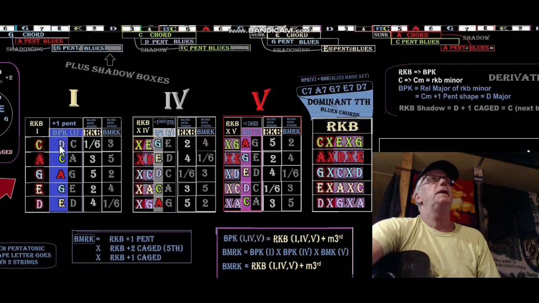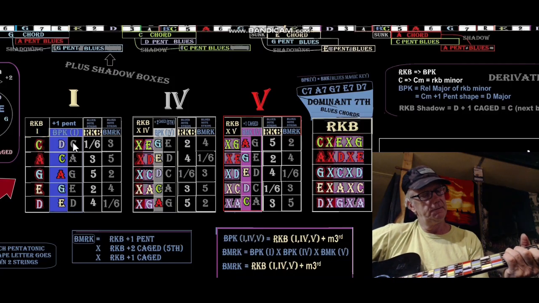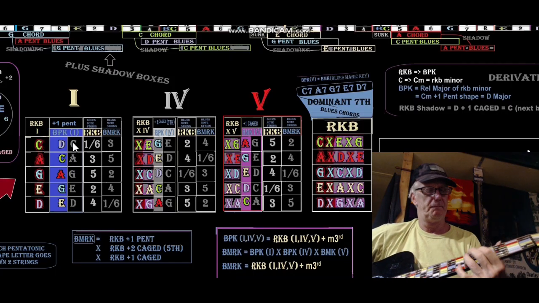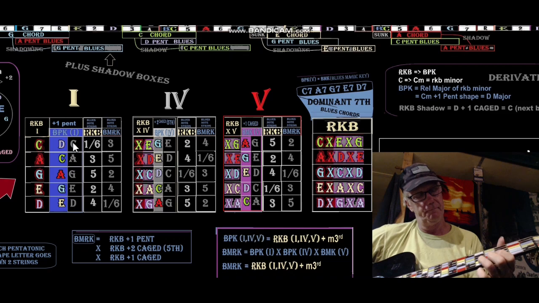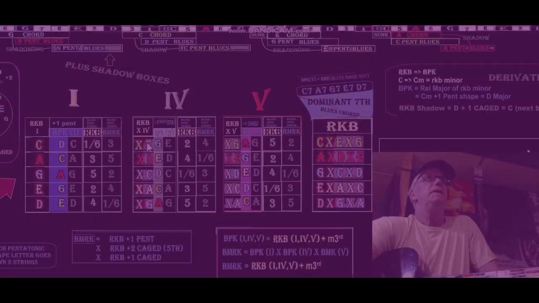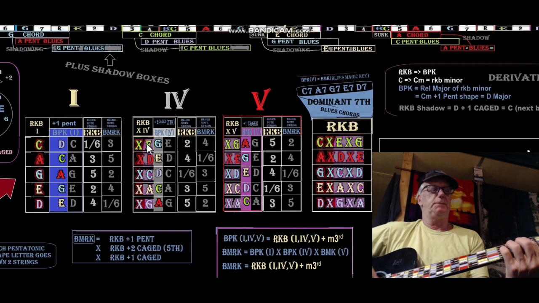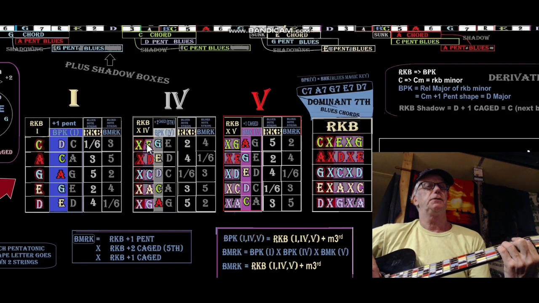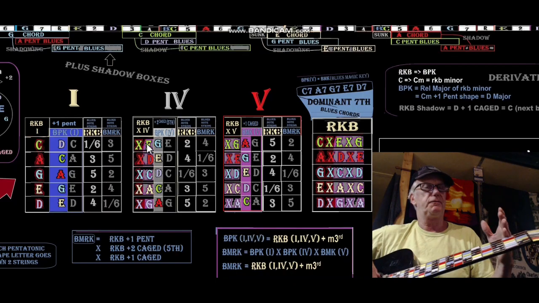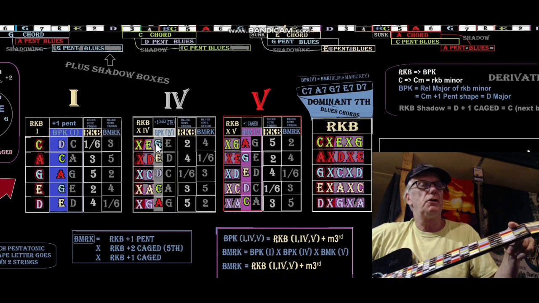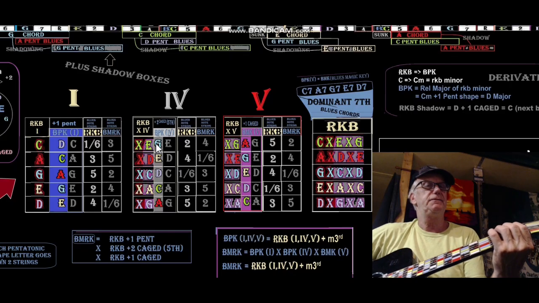Okay, then we're going to also look at the shadowed C. Now we go to an E shape here. Okay, so it's going to be up 1 fret because we're starting on where we're playing the E from.